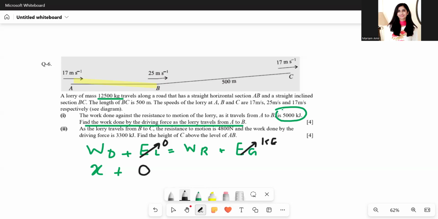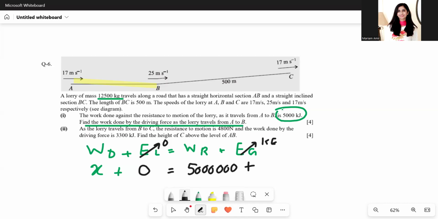So 0 is equal to work done by resisting force, which is given to us. Work done by resisting force is 5,000 kilojoules, so that is 5 million. Plus gain in kinetic energy. What will be the formula?